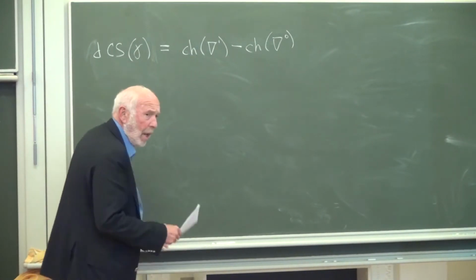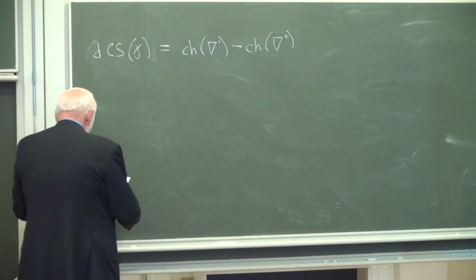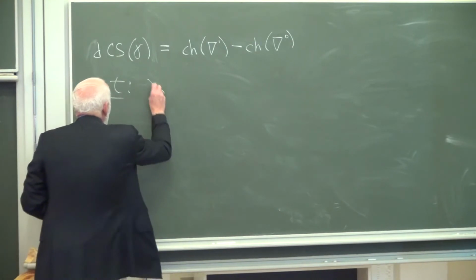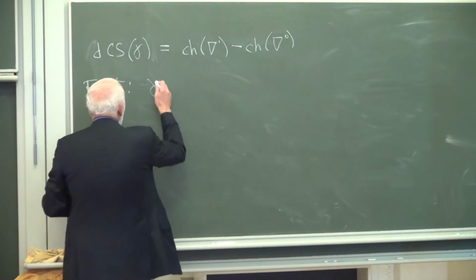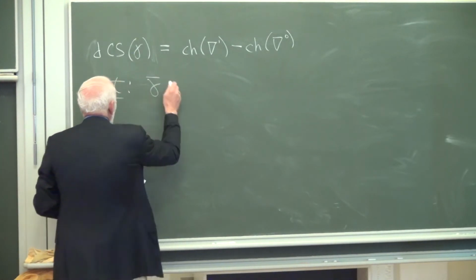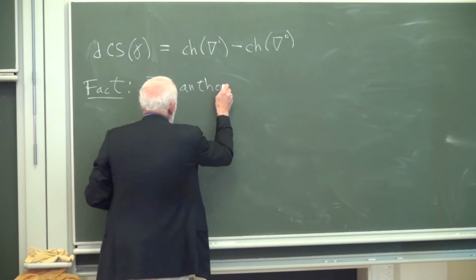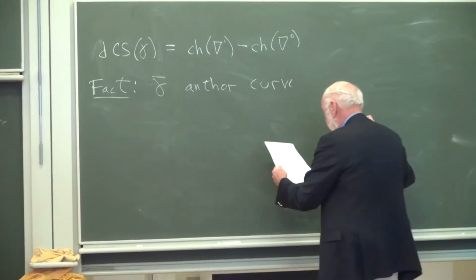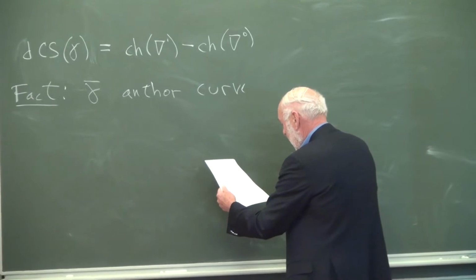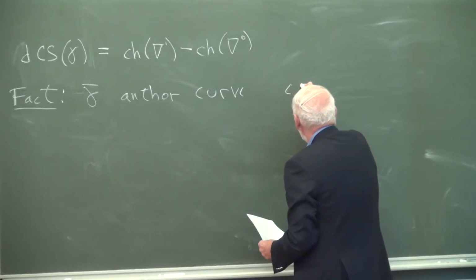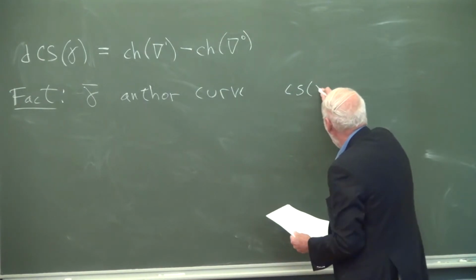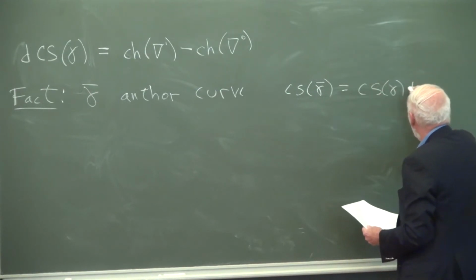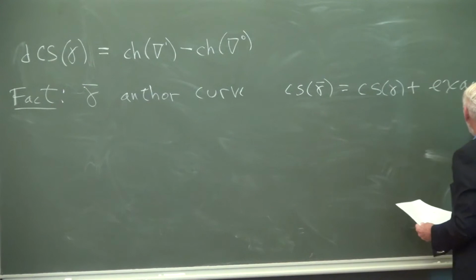It seemed to depend on gamma, but actually a good fact is that if gamma bar was another such curve, then CS of gamma bar equals CS of gamma plus something exact.